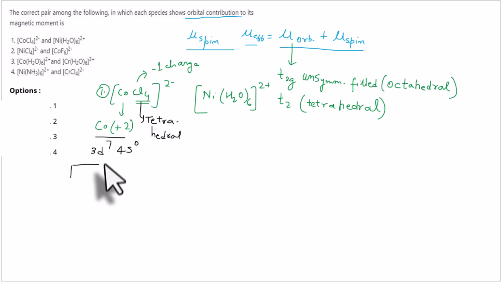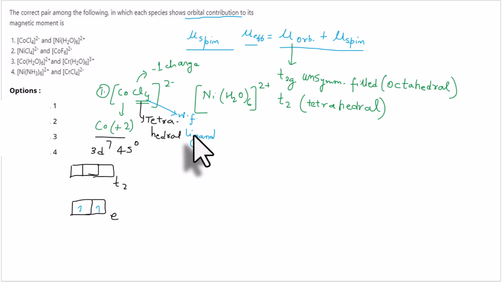Okay, so we have to arrange these 7 d electrons in the tetrahedral geometry. Cl is a weak field ligand, so there will be no pairing initially. So high spin complex: 1, 2, 3, 4, 5, and then pairing will start, 6 and 7.